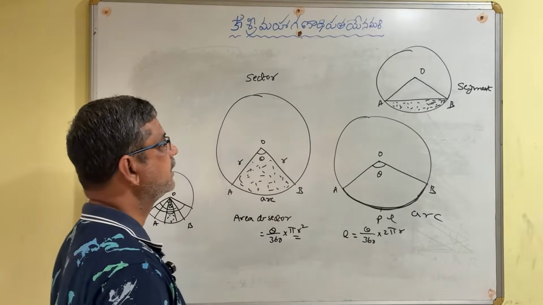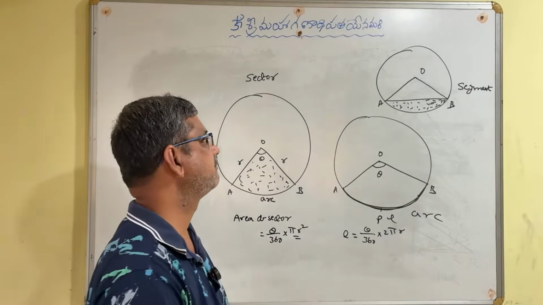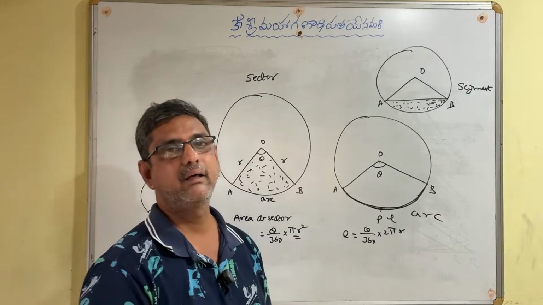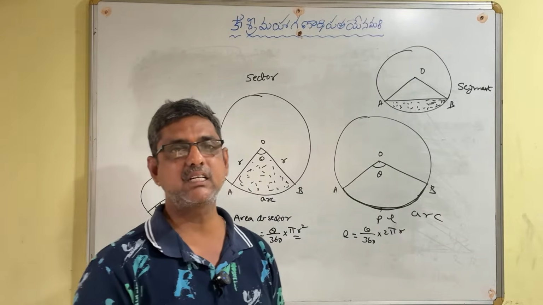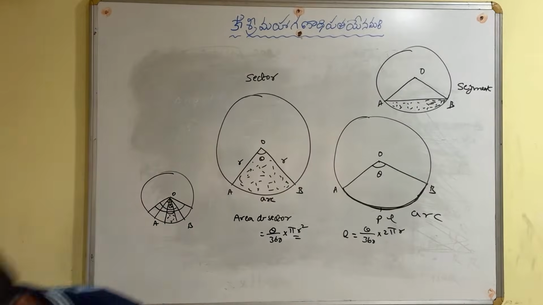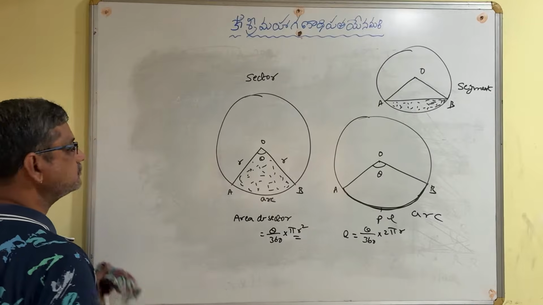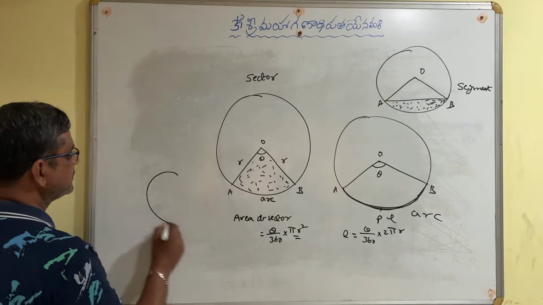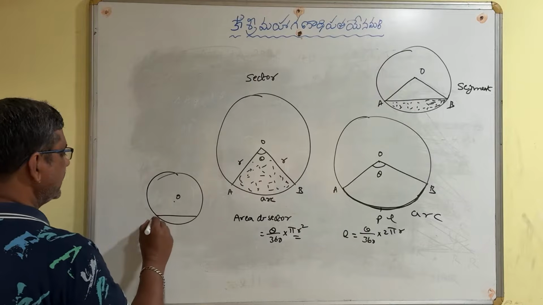Now coming to the third figure, it is area of segment. We need to find out the shaded part over here. First, let us understand what is area of segment. There is a circle with center O and there is a chord AB.